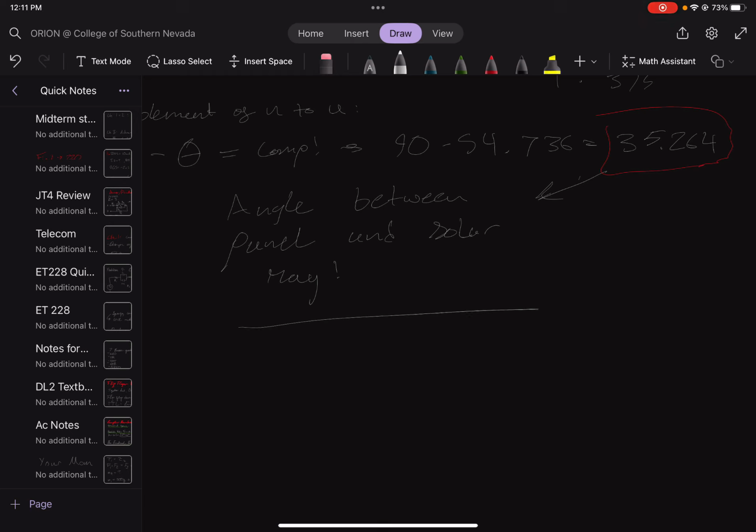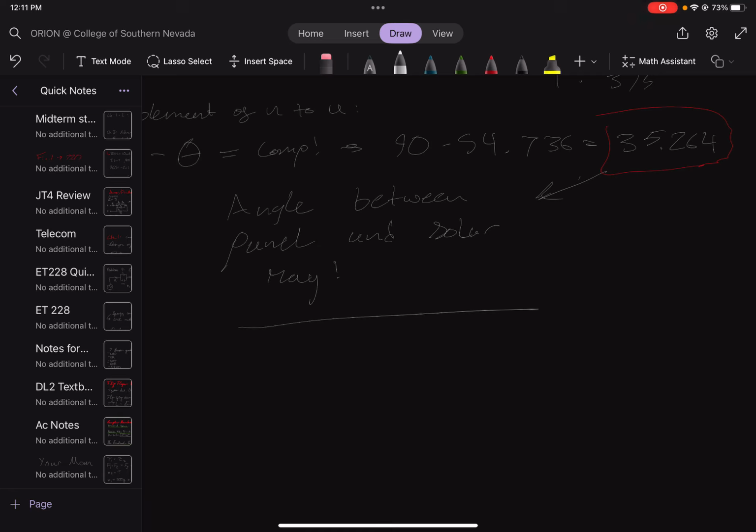Now, if we're taking the complement, the idea of this whole thing is that we really want the difference between the two to be as small as possible. Oh, well, I wouldn't say that.